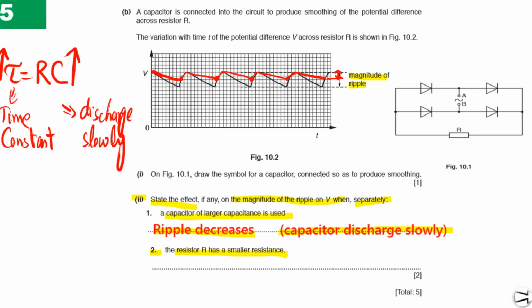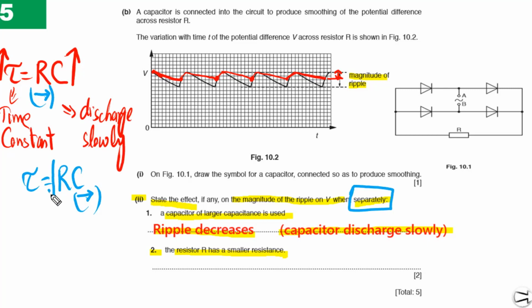So I will rewrite this: tau is equal to RC. In this case we are not changing C because we have to take one change at a time, so we keep C constant. Now we change resistance.